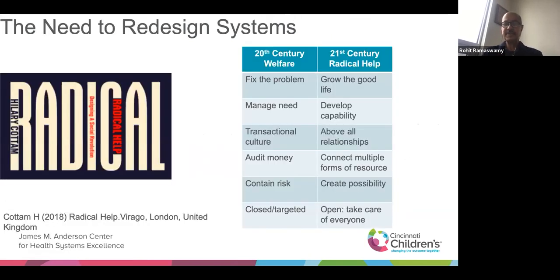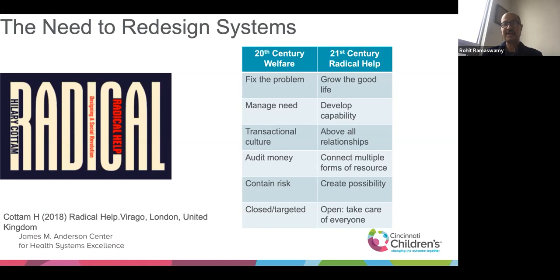And so over the last couple of years, there has been this movement towards thinking more about complex systems, doing health systems research within the framework of complex systems, rather than thinking about individual reductionist projects. And Hillary Cottam is a well-known designer who's done a lot of really interesting work about redesigning social systems.